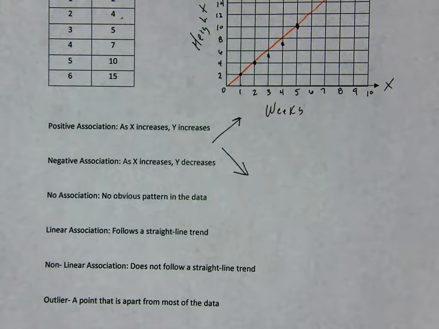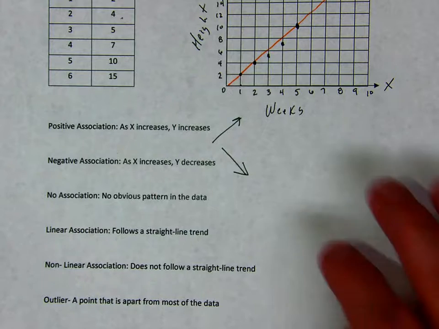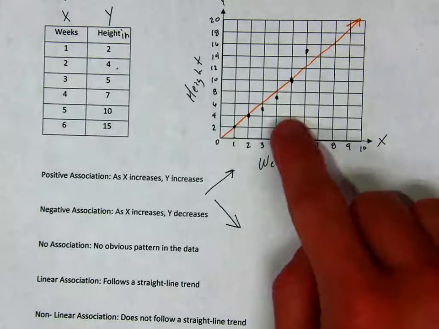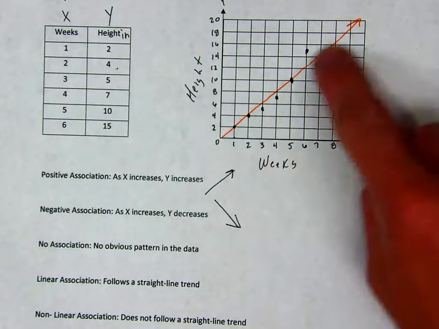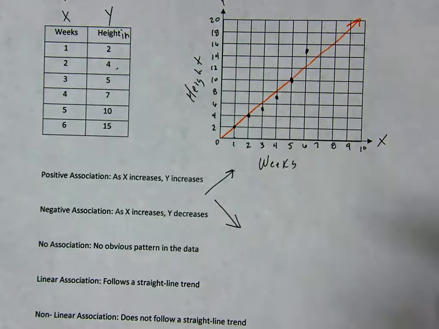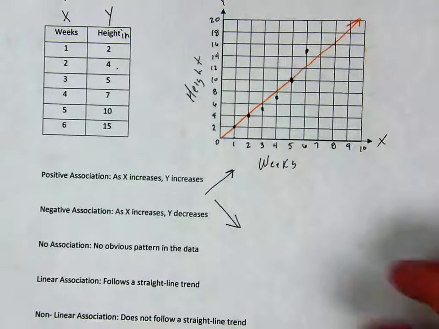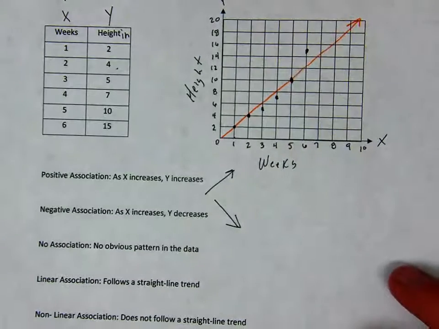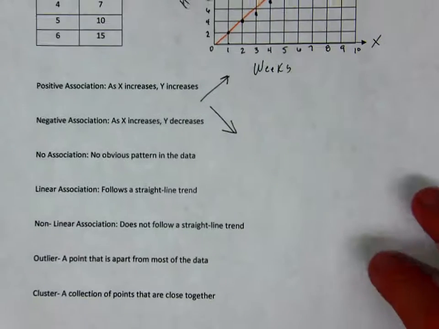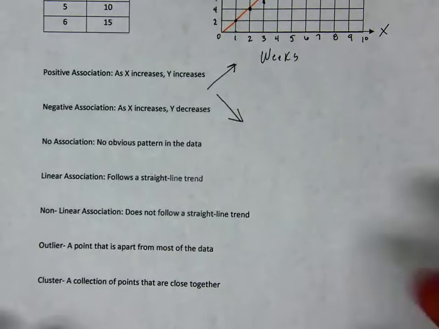Non-linear, obviously, is if the data is all over the place and doesn't follow a specific line, like this graph up here does. You see how the points are all close to the same line; that would be linear. If it was scattered all over the place and we couldn't really make a straight line out of it, that would be non-linear. Alright, an outlier.